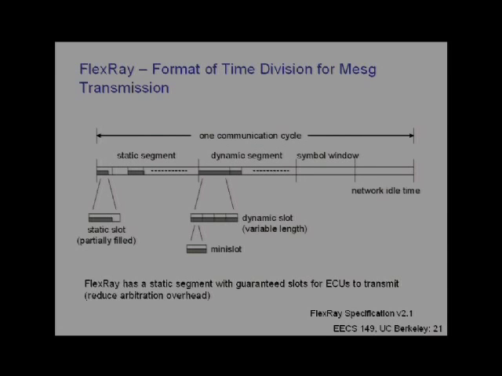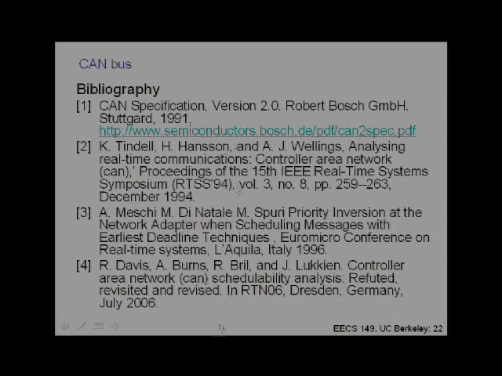So to make up for that, they have this thing called a dynamic segment where you can have some contention and you can have variable size slots and so forth. Okay, so there's a lot of stuff about FlexRay, which I won't have time to talk about, but there's a whole bunch of papers that you can look at, plus you can just Google FlexRay and you'll find a lot of information on it. Okay?